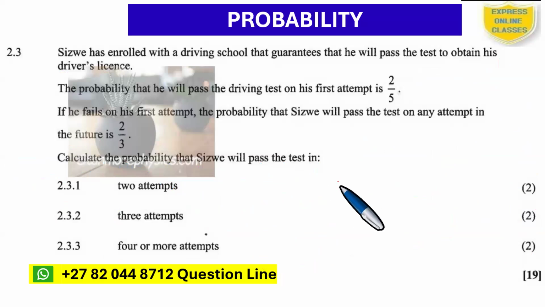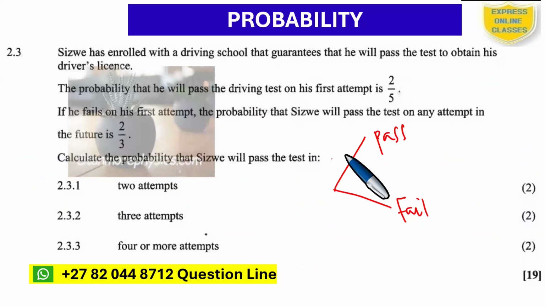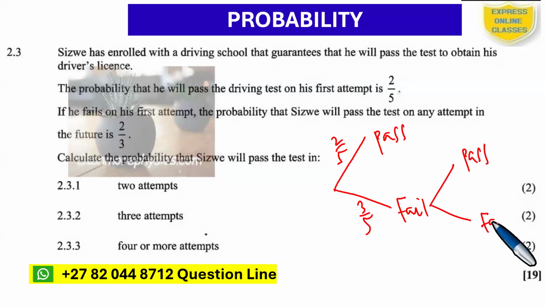We're going to deal with this. So to do that question, we're going to start like this. Either there's a pass or a fail. The probability that you will pass is 2 out of 5. The probability of a fail is 3 out of 5. We saw that one, and we understand why that is the case. If he fails on his first attempt, the probability that Caesar will pass the test on any attempt in the future is 2/3, so the probability of failing is 1/3.